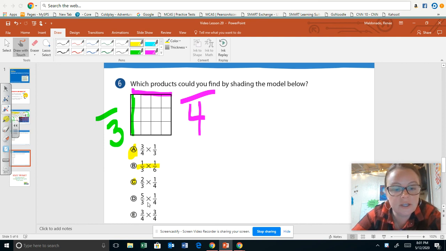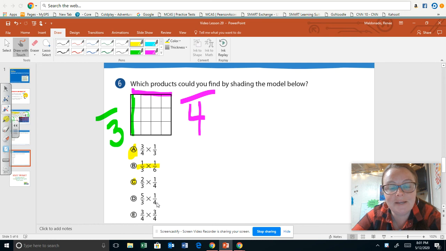5/3 and 1/4. So 5/3, do you remember what kind of fraction that is? An improper fraction. So an improper fraction is going to be greater than a whole. So I would need to add on, this would not be enough, times 1/4.